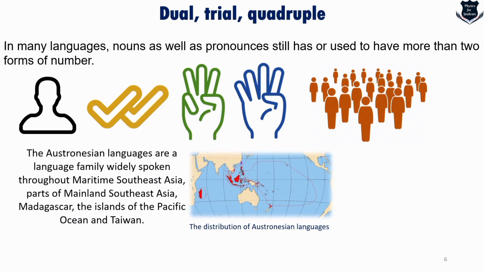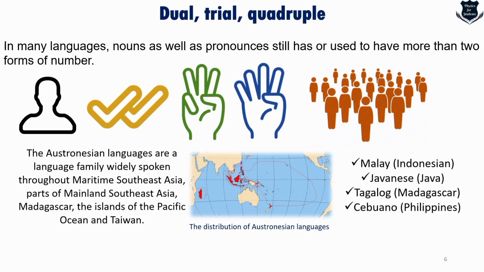We will look into the language of Melanesia, and a typical example of dual and trial forms of personal pronouns is actually offered in what is called a Melanesian language. And Melanesian languages are nothing but these languages which are spoken: Malay, which is in Indonesia, Javanese, which is in Java, Tagalog, which is in Madagascar, and Cebuano, which is spoken mostly in the Philippines.